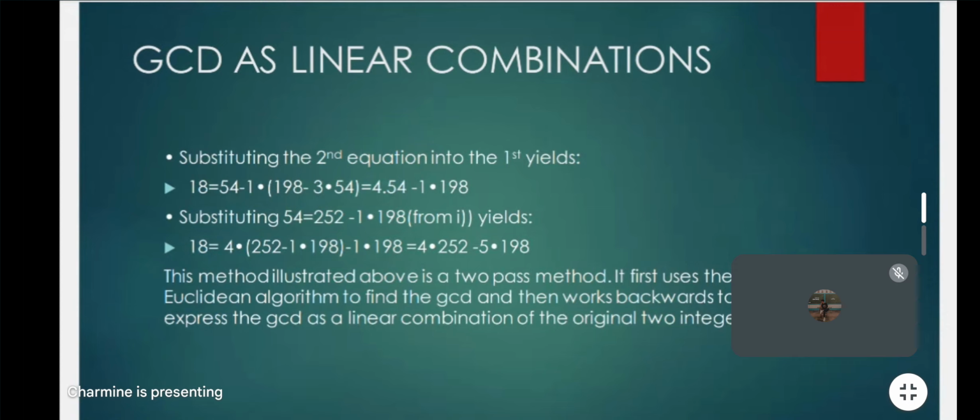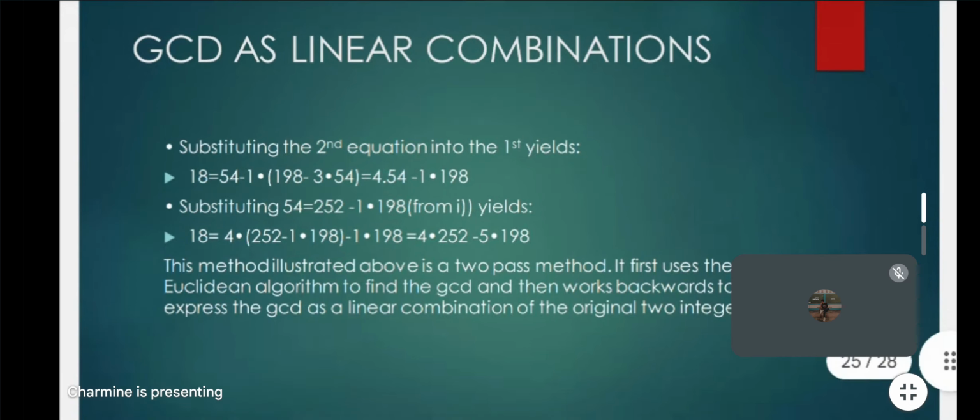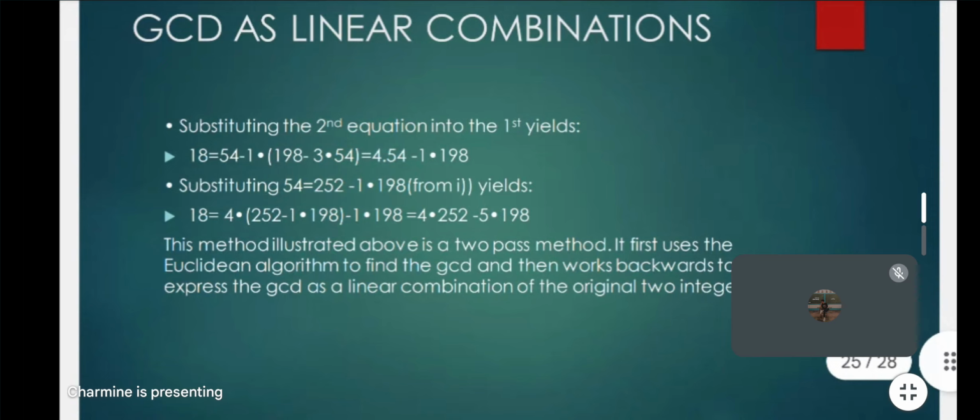GCD as linear combinations. Substituting the second equation into the first yields 18 equals 54 minus 1 times 198, equals 3 times 54 plus 4 times 54 minus 1 times 198.